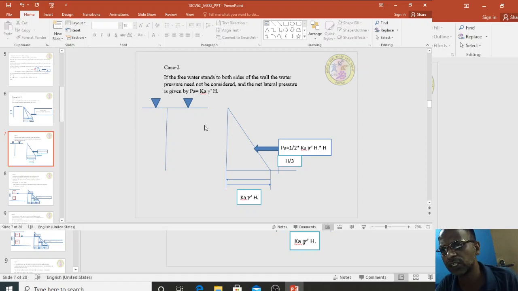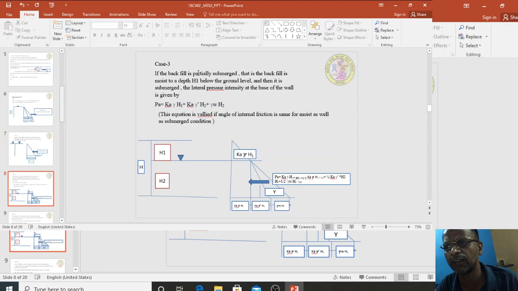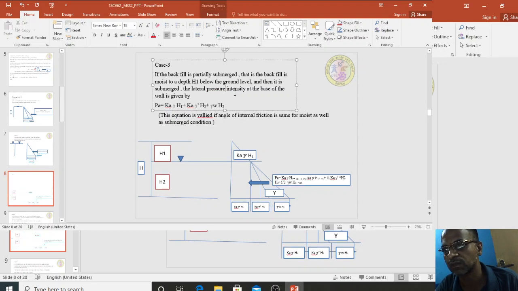And next, coming to case 3. If a backfill is partially submerged, that is, the backfill is moist to the depth H1 and below H1 it is in a submerged condition, then the lateral pressure intensity at the base of the wall is given by Ka.